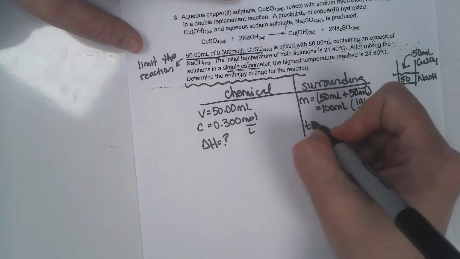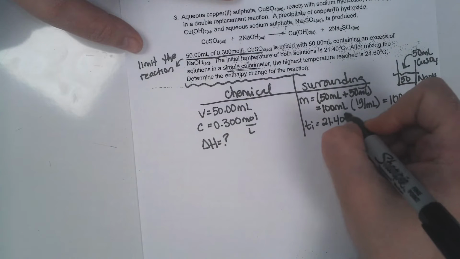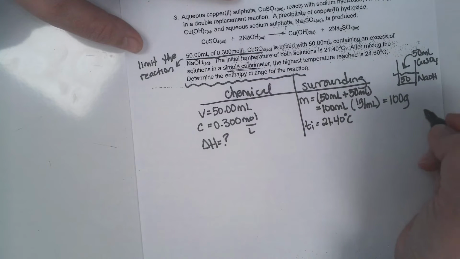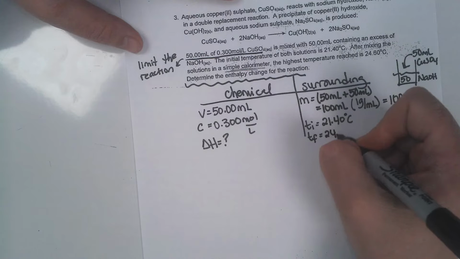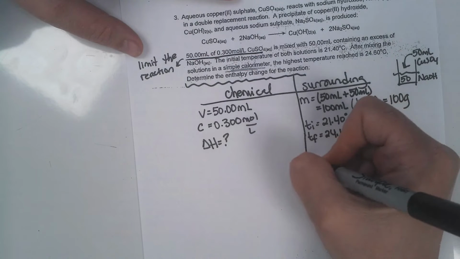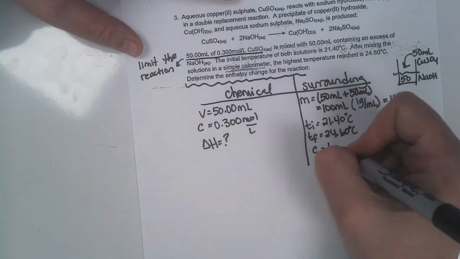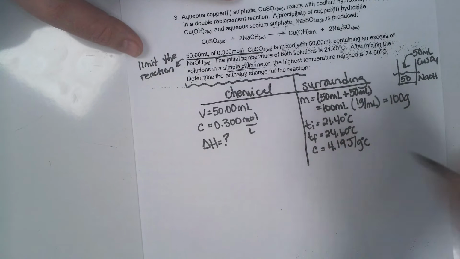Our initial temperature for both was 21.40 degrees Celsius, our final temperature is 24.60 degrees Celsius, and our specific heat is 4.19 joules per gram degree Celsius.